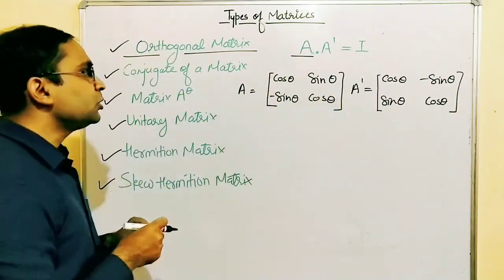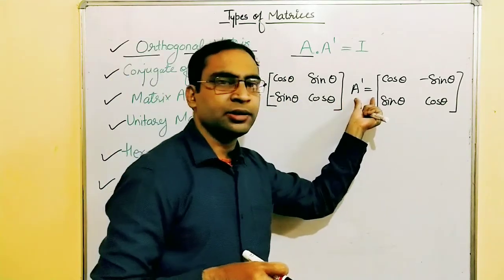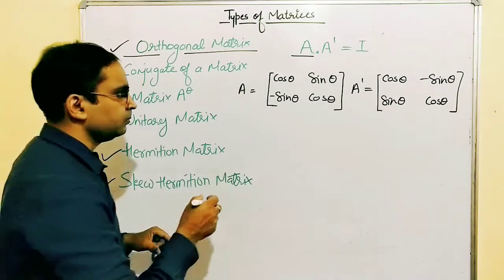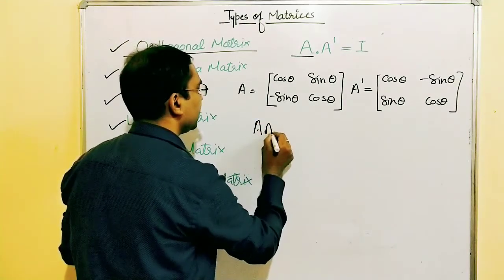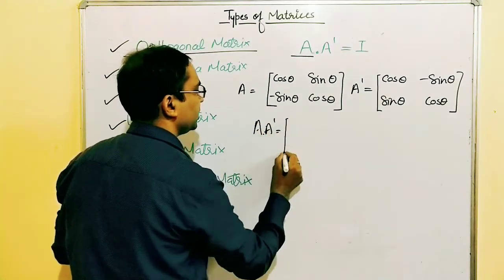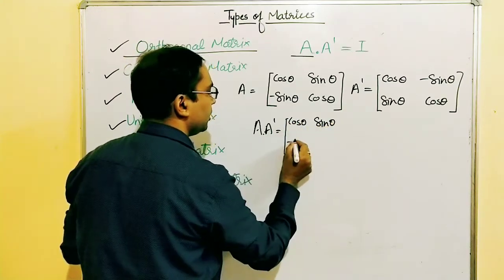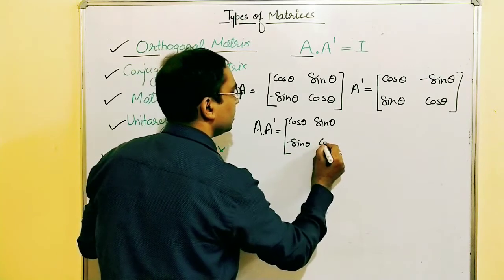Now let's multiply these two matrices, A and the transpose of A, and see whether the resultant is an identity matrix or not. So let's multiply A and A dash. This will be equal to cos theta, sin theta, minus sin theta, cos theta.